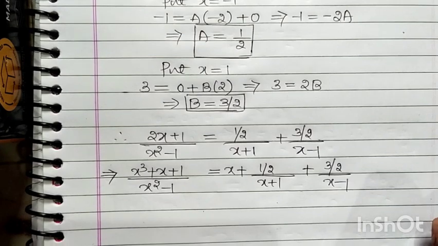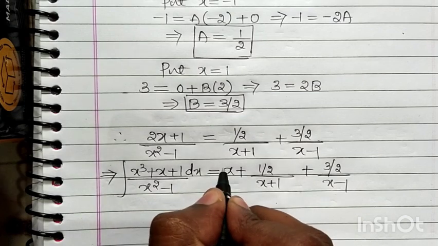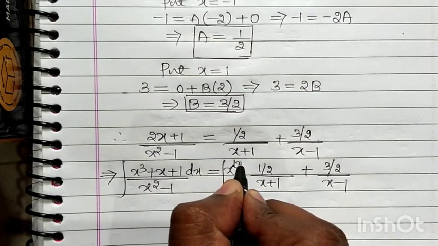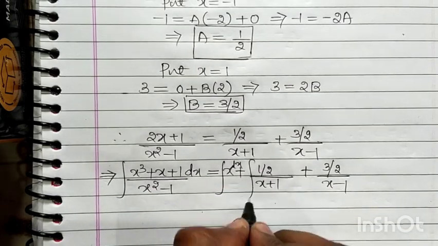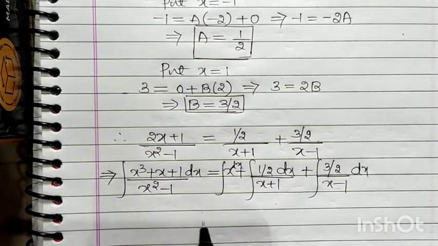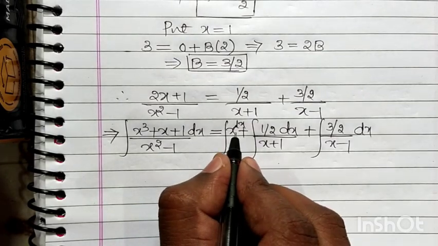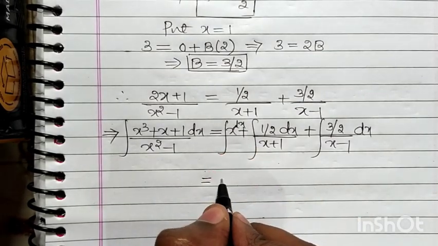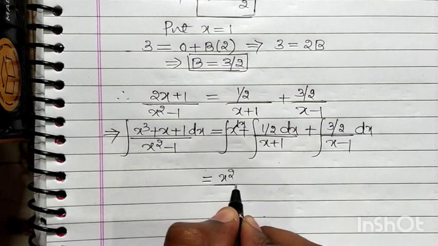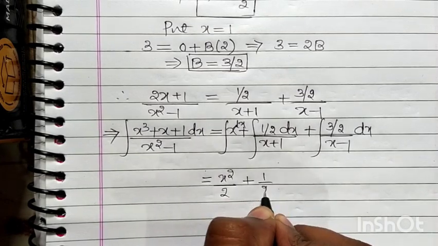Now we have to integrate both sides with respect to x. So integral dx, here we get integration of dx, and then again with respect to x we have to integrate. So now integration of x dx will be x square by 2 plus 1 by 2 is a constant, write it as it is.